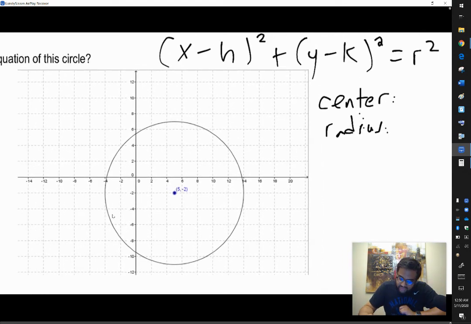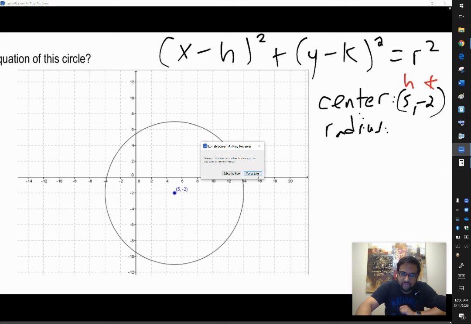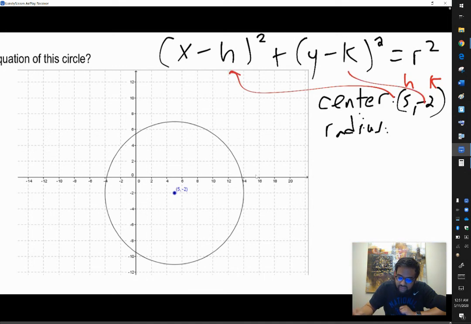So that tells me that my h is going to be 5, and my k is going to be negative 2. Again, h and k here are the coordinates of the center, 5 comma negative 2 in this case. So 5 is going to go here, and negative 2 is going to go there.